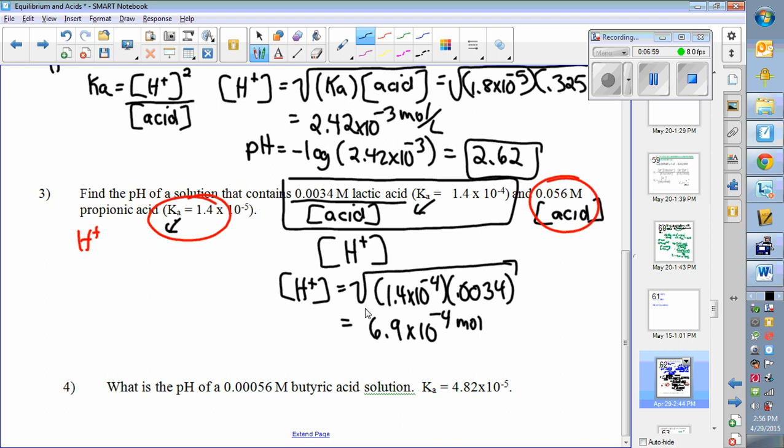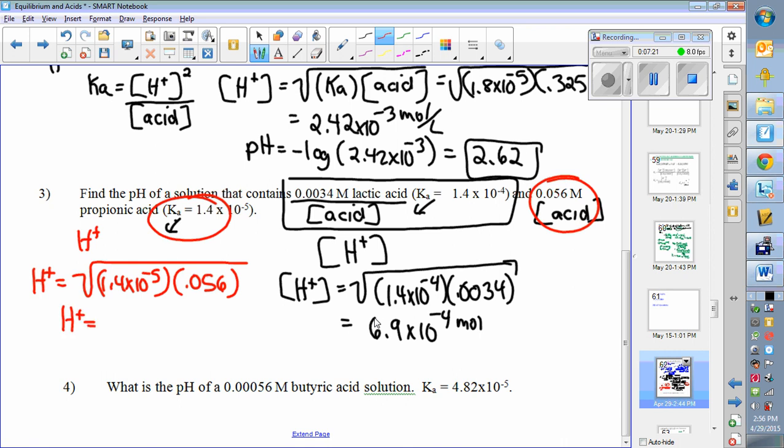I'll switch to red to do the other numbers. So to get the other H plus concentration from the second bit of information, the square root of its Ka, which is now 1.4 times 10 to the minus 5, times the concentration of 0.056 moles per liter, will give me a different hydrogen ion concentration, which if we round it off the same way, I guess you get 8.9 times 10 to the negative 4.